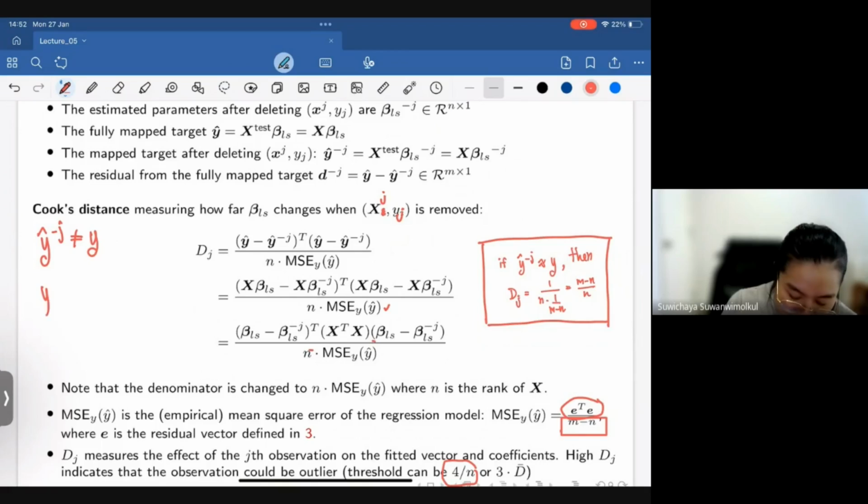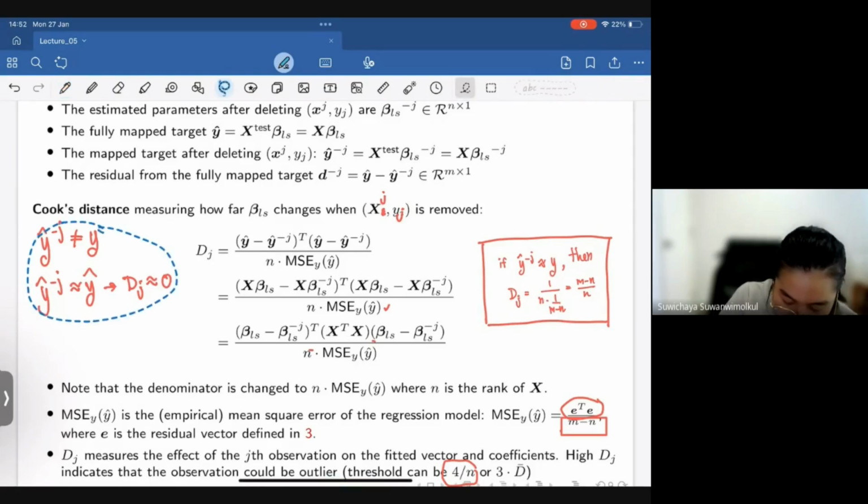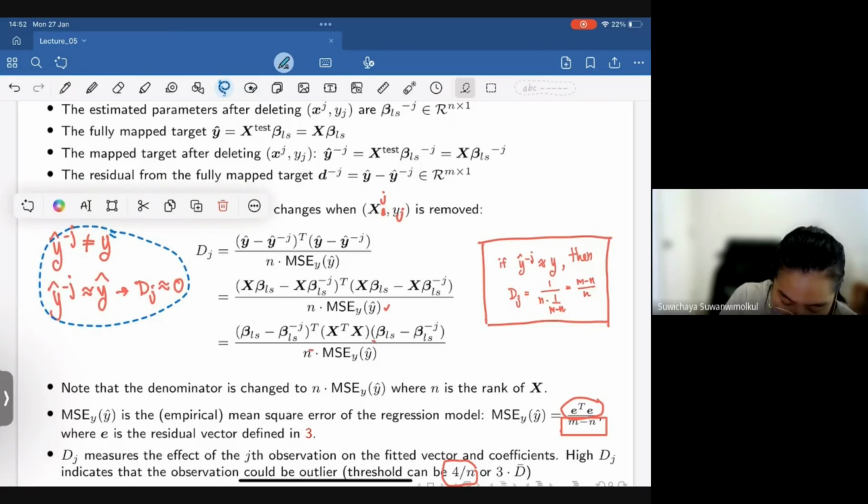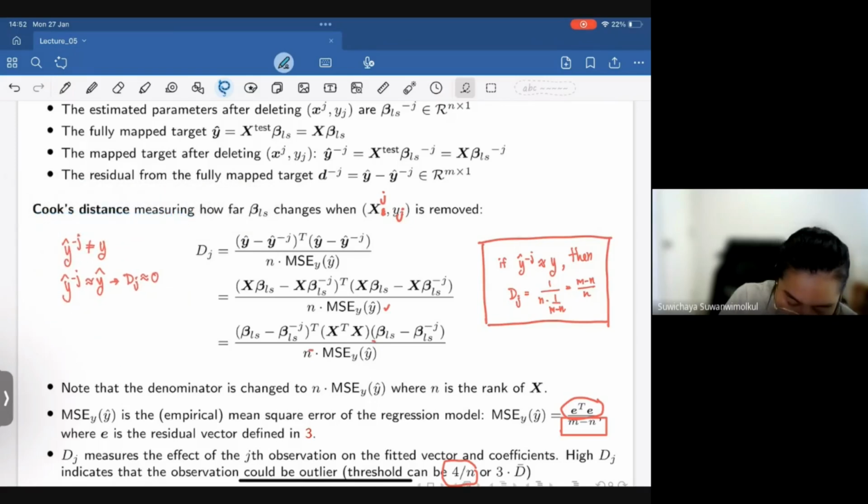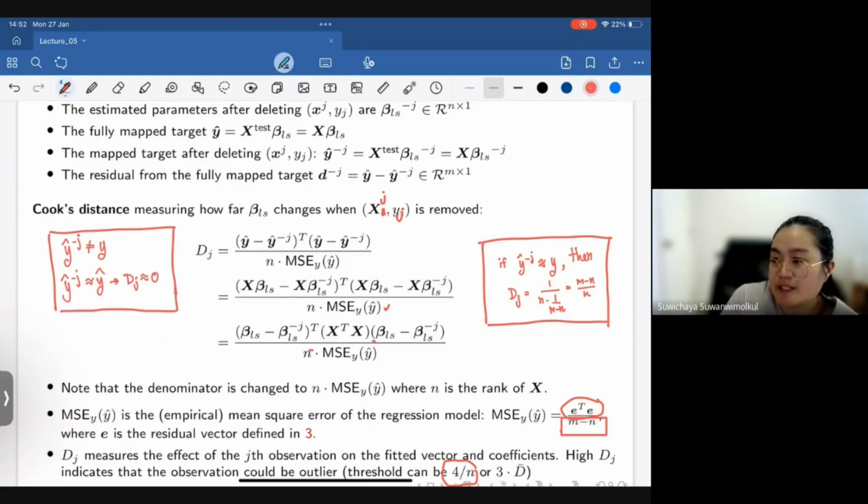So that means y hat j will still be approximately around y hat. So that means your dj will be around 0 or close to. This is the opposite case where you can decide that that is definitely not the outliers.